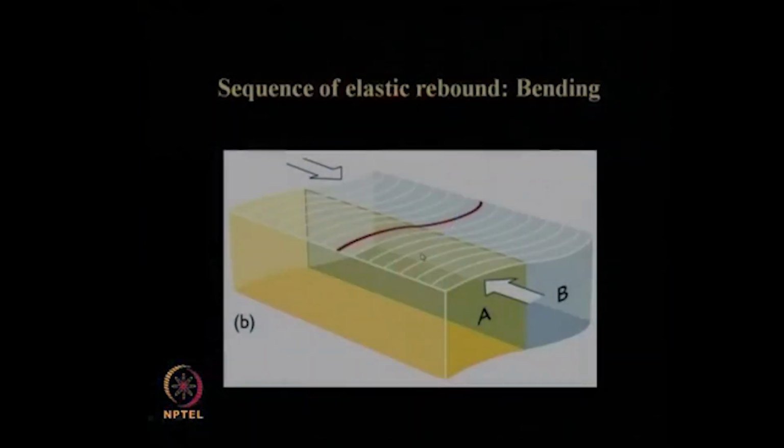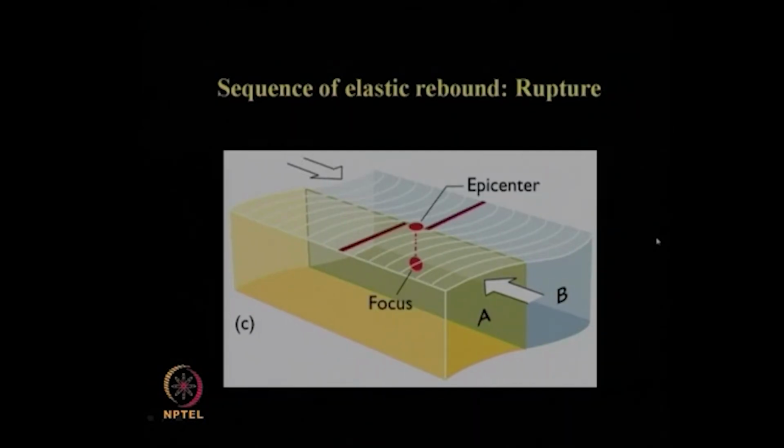So, it gets a bending shape like this, and you can observe the movement of this point, or the points on this line, which we are monitoring through this process. And in the next step, what will occur? Rupture.